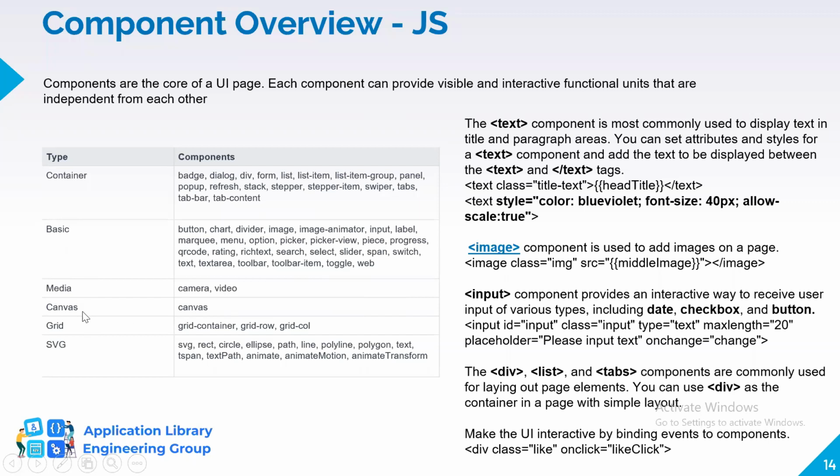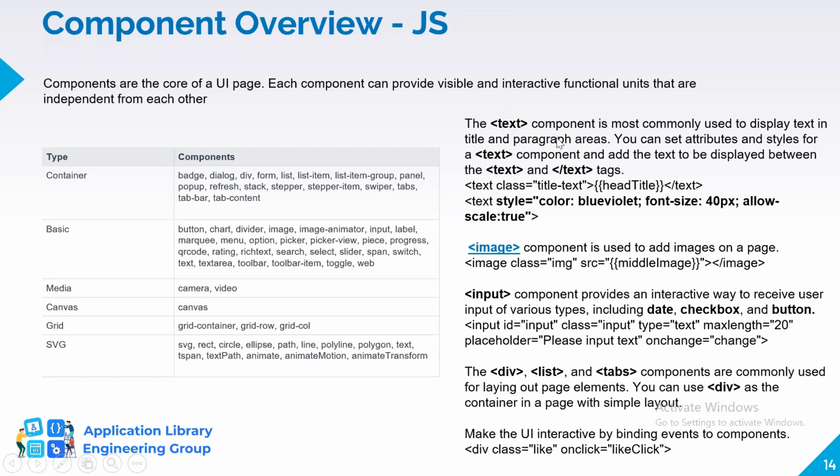Along with this, we have some media type components to operate on camera, video, and we can even use canvas directly to draw, and some grid related components and some SVG related components. You can just remember the basic things right now, and later in future sessions, we can brief more on each of these.